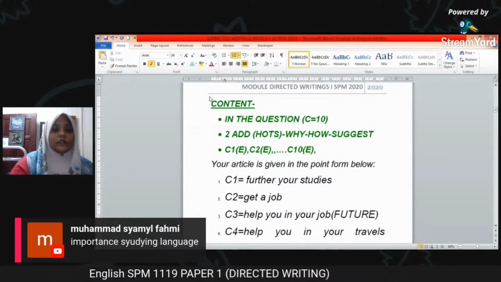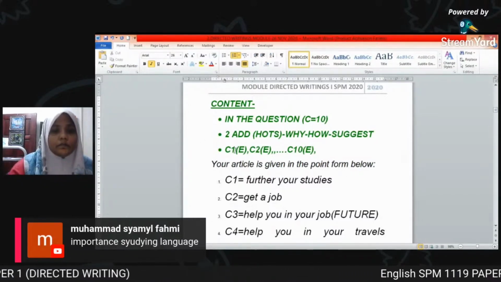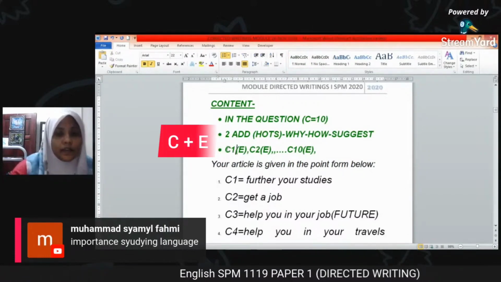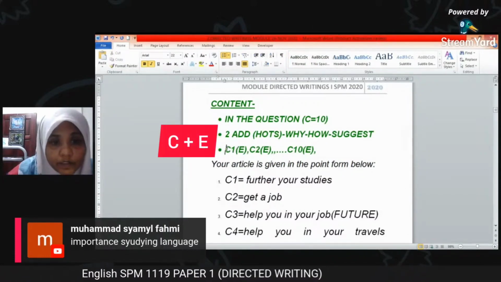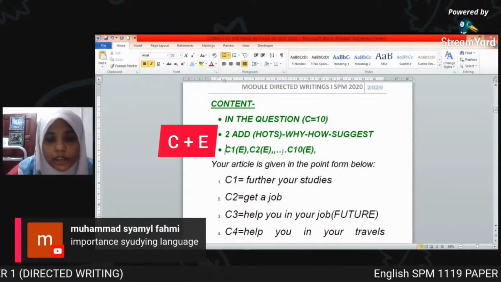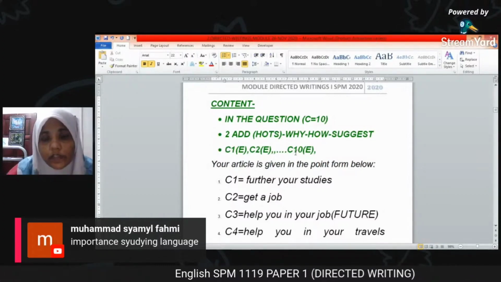So C1 in the exam, you have to expand. I type it here, C1, and then in brackets E, C2 in brackets E, until C10, C11, C12, in brackets E.